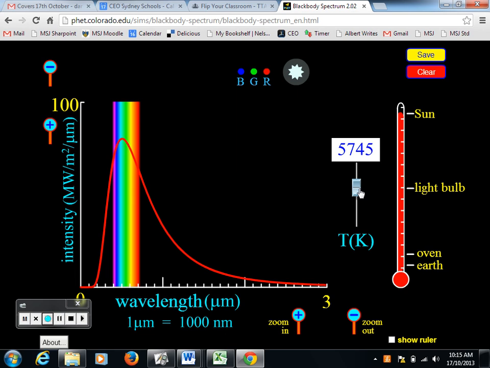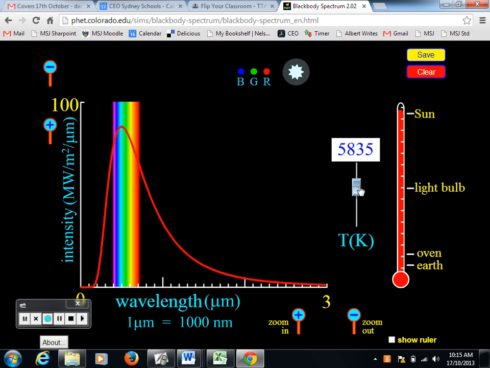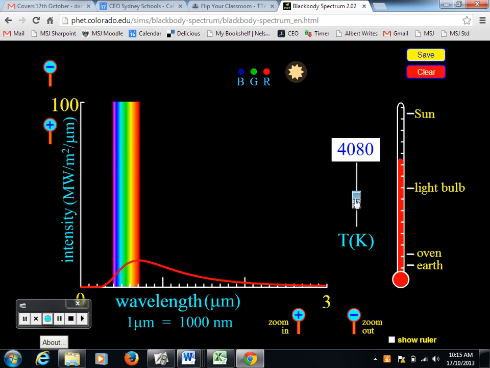So it moves towards the UV end, doesn't it? And what else did it do? It moved up. So Wien noticed that if you were to plot temperature and where the peak was, there, then there, then there, and so on, this formed a hyperbola. And the hyperbola, he worked out simply the formula of it.